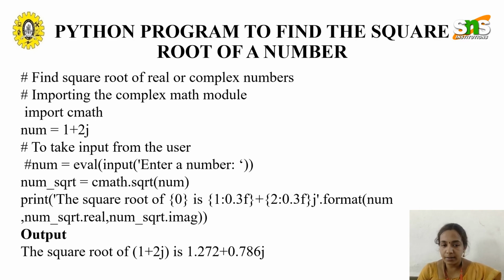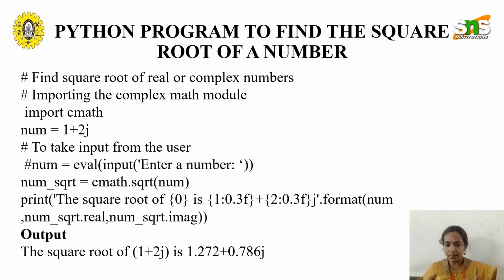Or else I can also have num is equal to eval of input, enter a number. So I'm asking the user to enter the value. Now num_sqrt is equal to cmath dot sqrt of num.